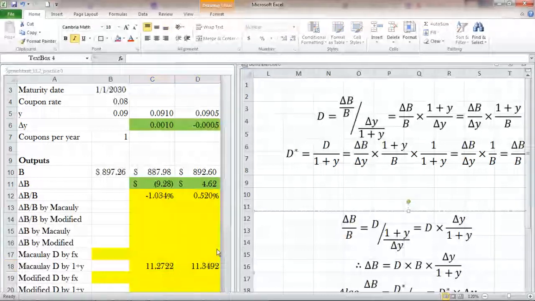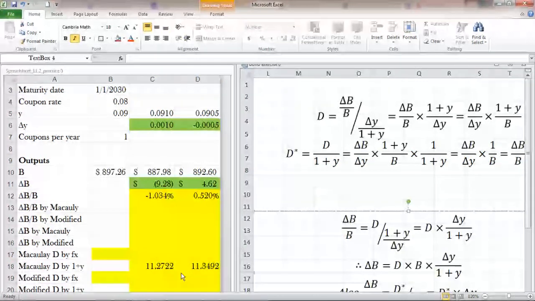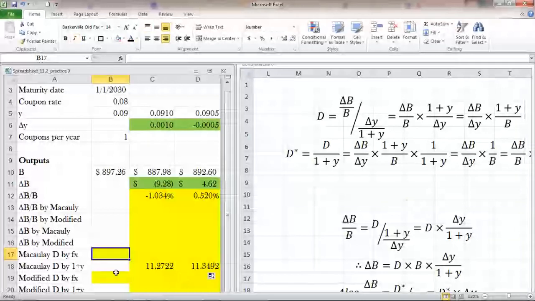All right, and then let's verify that by function, right? Because Excel has both Macaulay duration and modified duration functions built in.